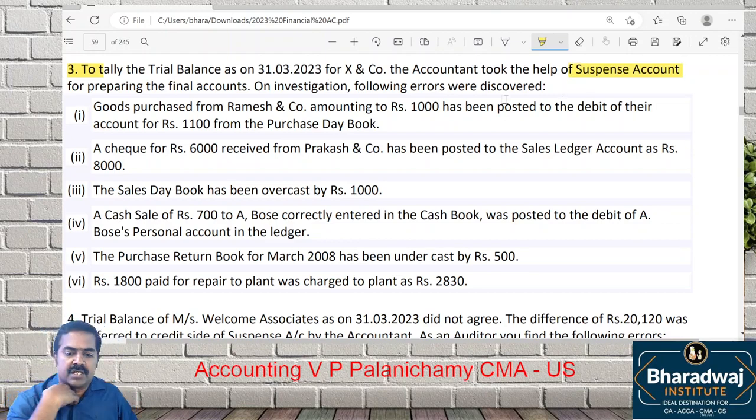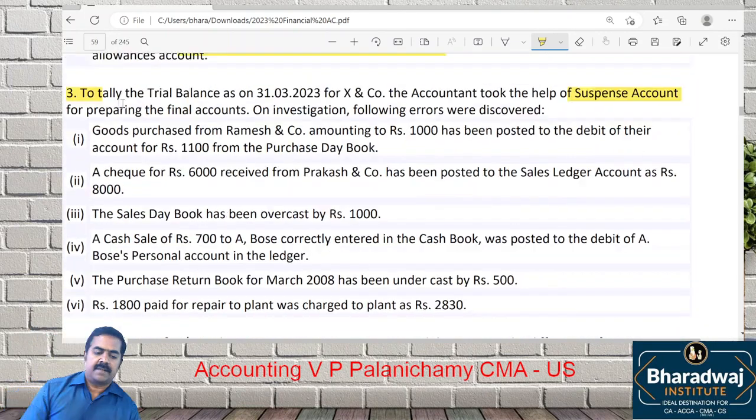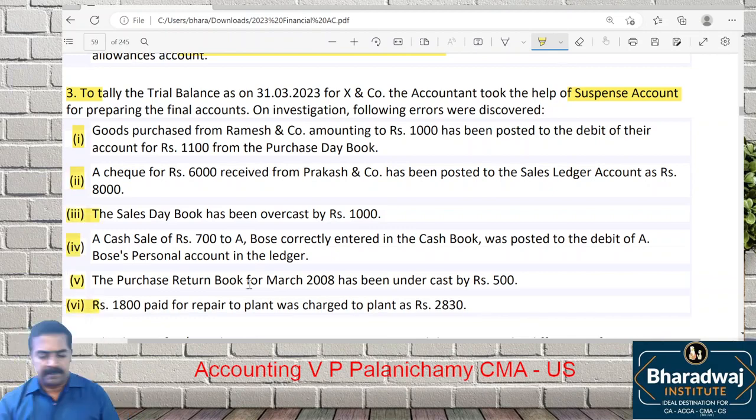On investigation, they find that the following errors are discovered, which means the suspense account is already opened and errors are rectified after the trial balance. Try to pass journal entries for these 6 errors. Take a maximum of 10 minutes to pass the journal entries.